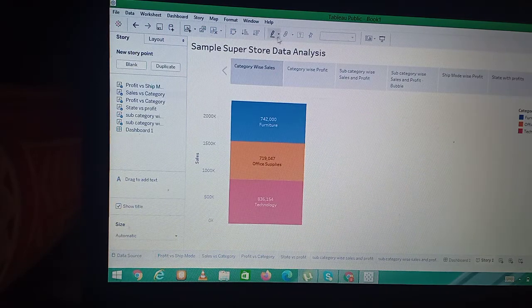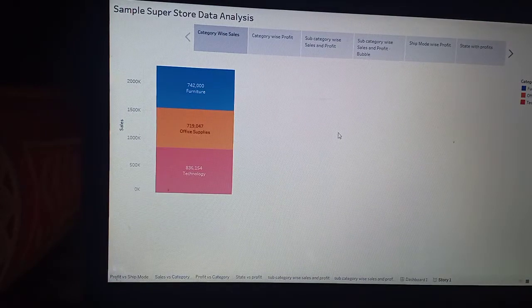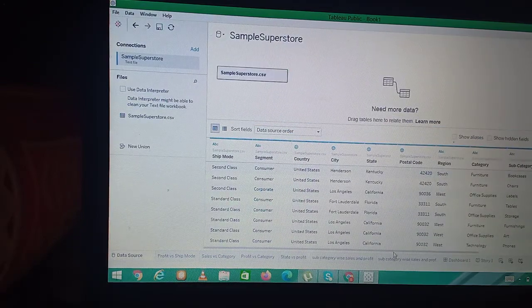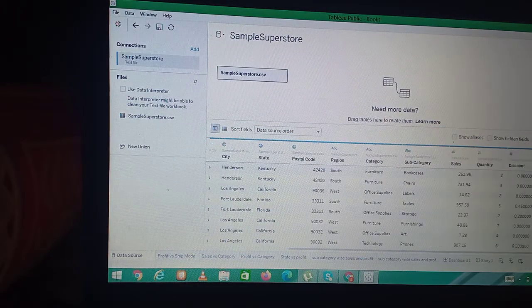So I've just tried to do it. As we could see in the data, the most important part is the profit, because that is what is needed for a business, the profit, and obviously after that sales. So how much sales is happening, and out of that how much profit we are making.